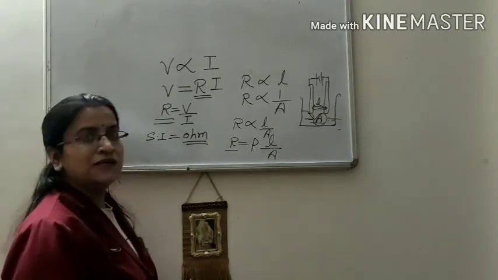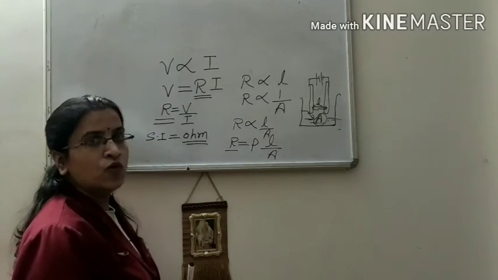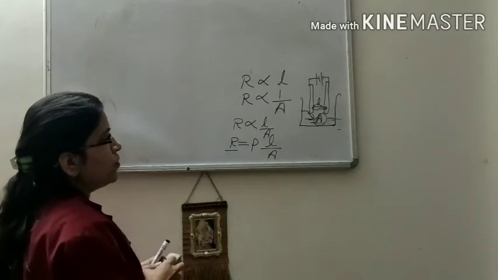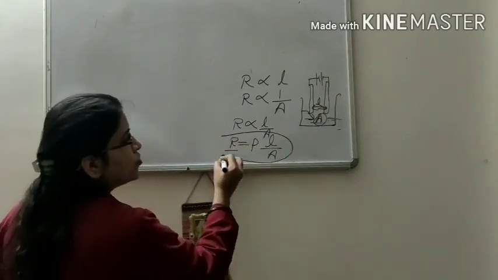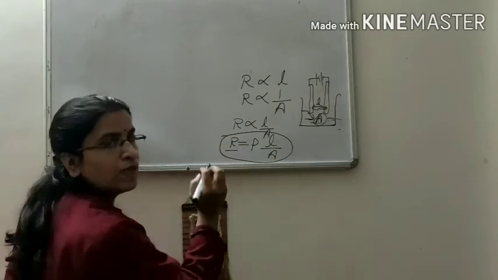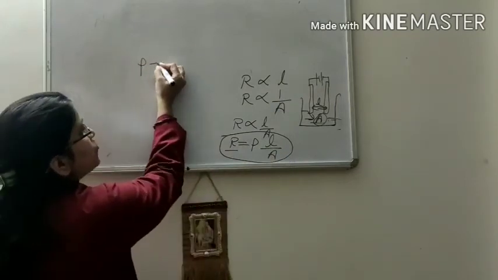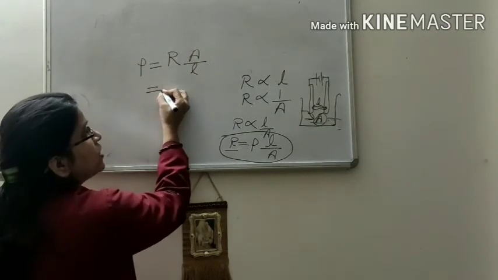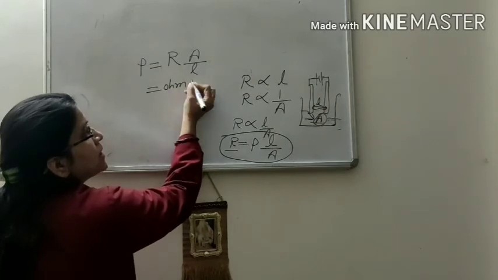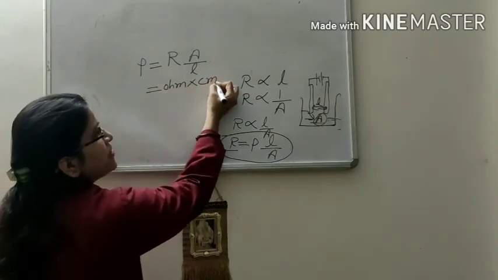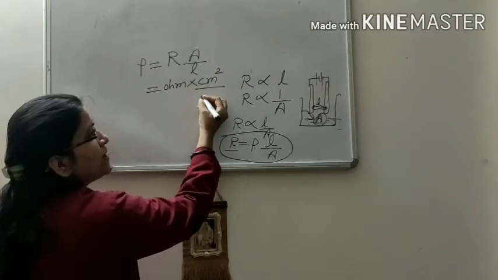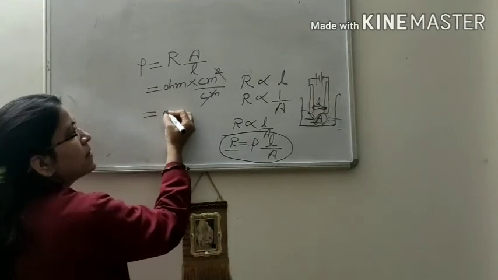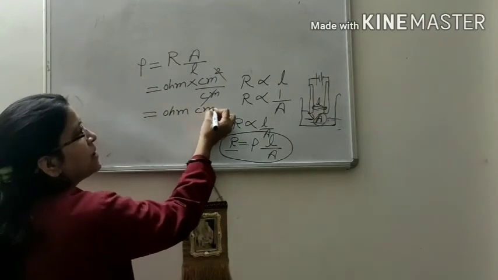Now let us calculate the unit of this rho. By this formula, R is equal to rho L upon A, so rho is equal to R A upon L. The unit of R is ohm, the unit of area of cross section is centimeter square, and the unit of length is centimeter. So we cancel one centimeter. What we get is ohm centimeter.